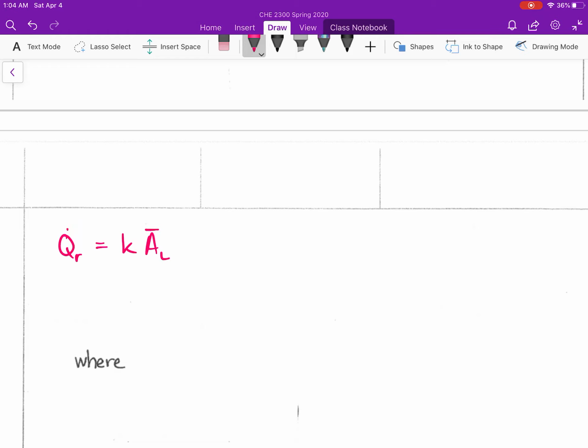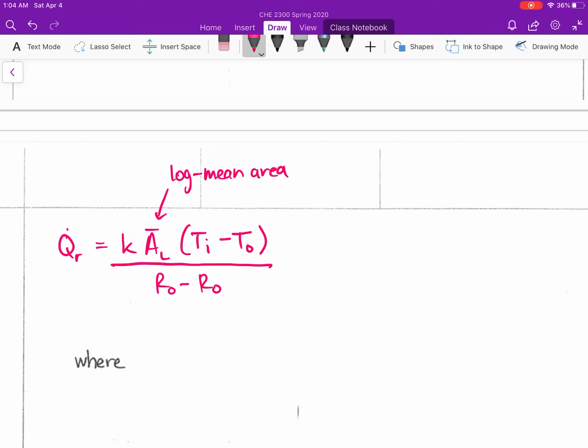Here, we're going to define a new term. This is log mean area, and we'll discuss that here in a second, multiplied by the difference between the inner and outer surface of our pipe, divided by the difference between the outer and inner radius of our pipe.